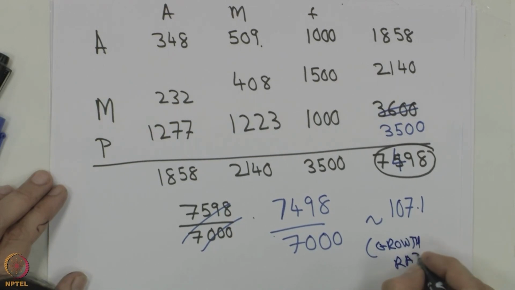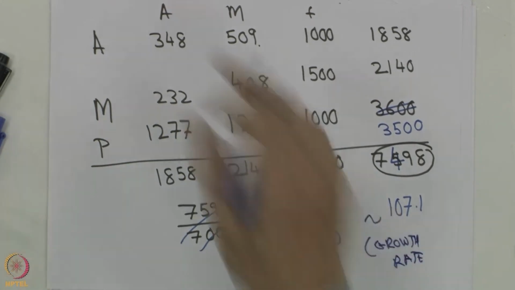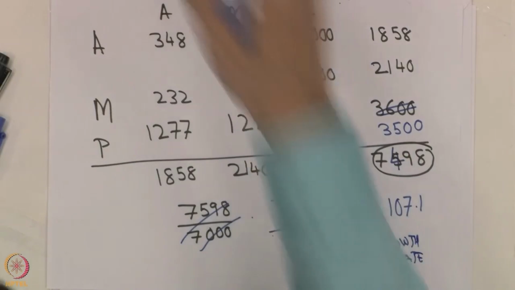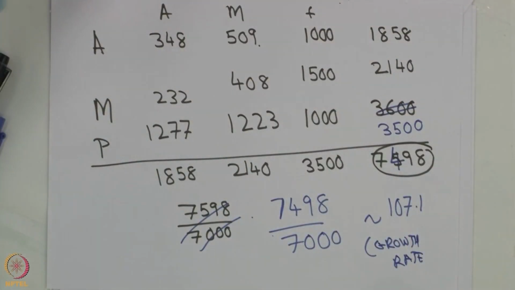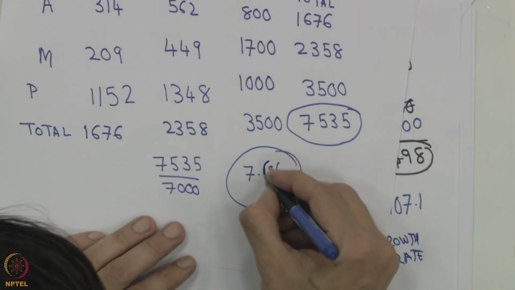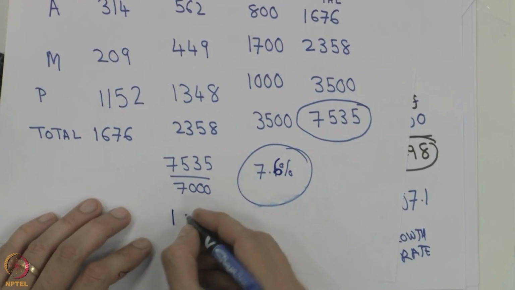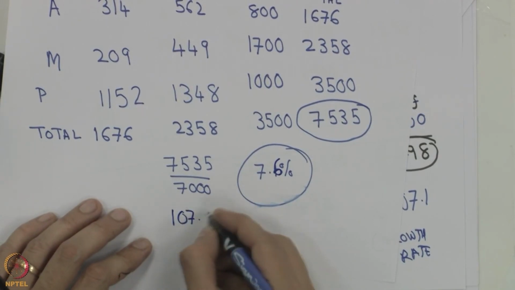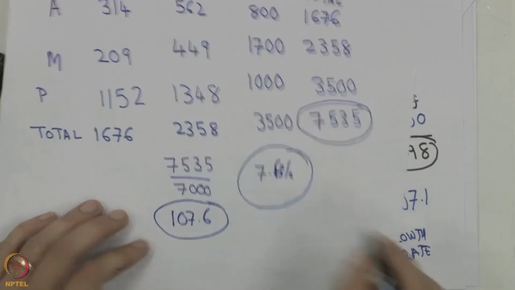So the interesting thing that we find, this one is the earlier case, 7535, this is 7.6%, this is under 107.6. You can just see this.